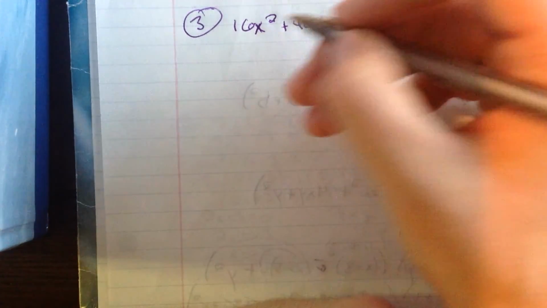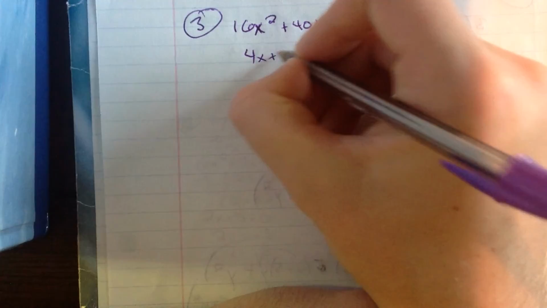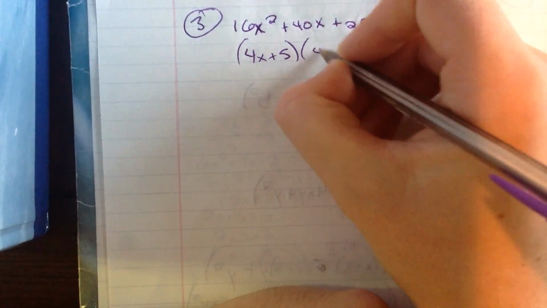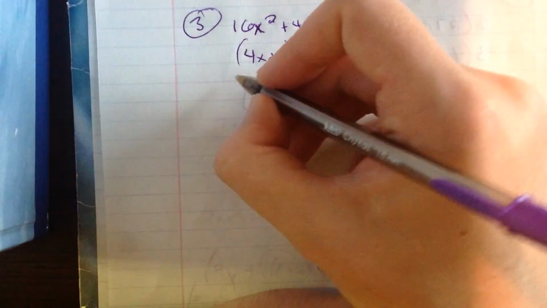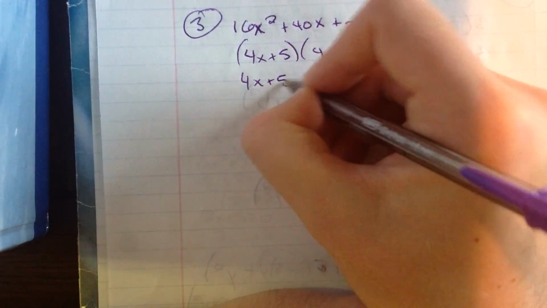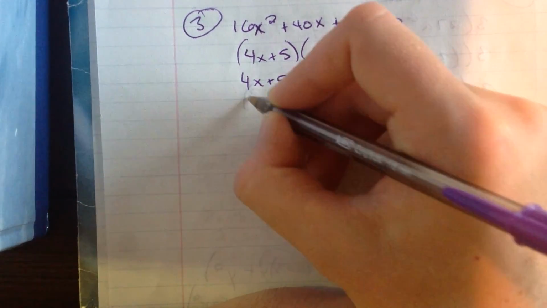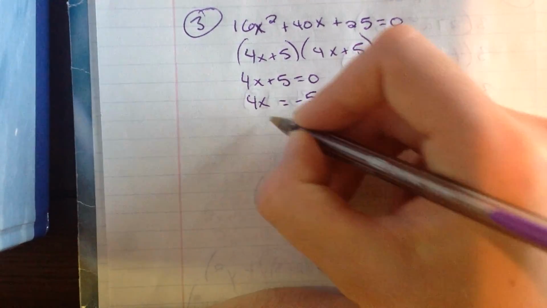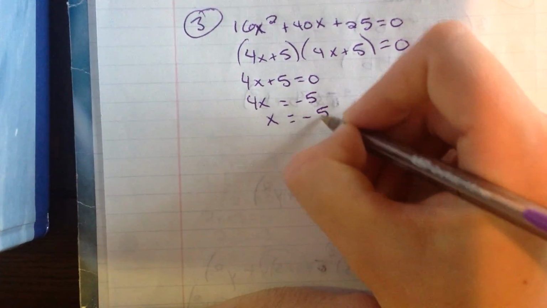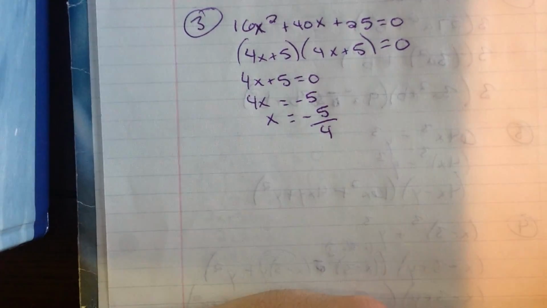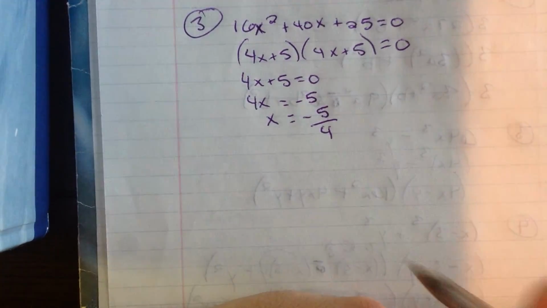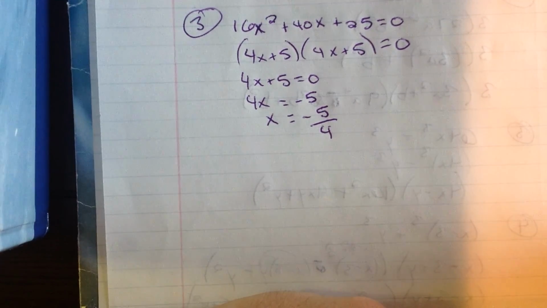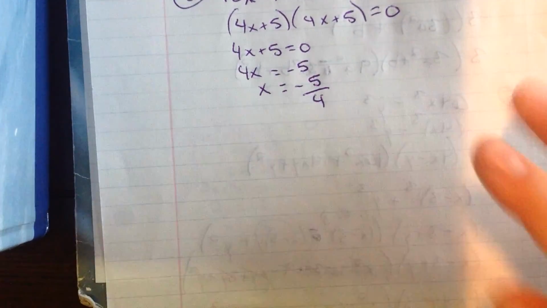There isn't, but this actually factors to become 4x plus 5 and 4x plus 5. Well, since they're the same, there's going to be only one spot where they are equal to 0, and that's at negative 5/4. And in this case, both will be 0 when we plug in negative 5/4, which doesn't happen very often, but sometimes.